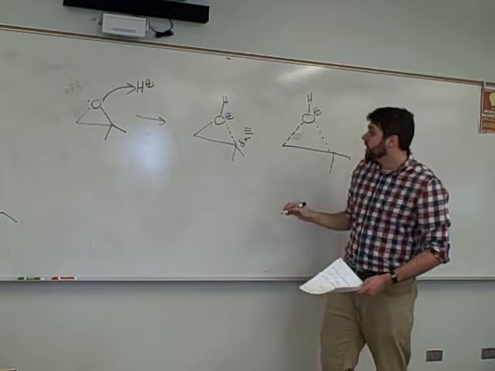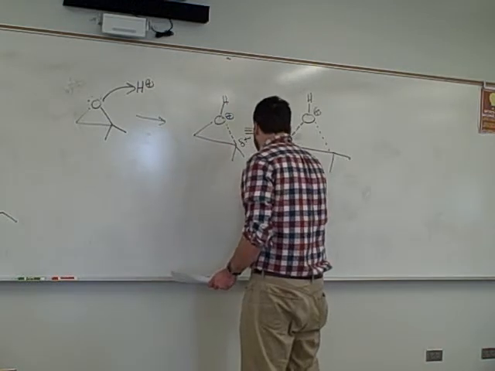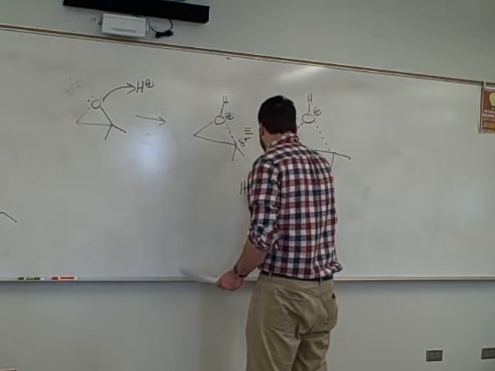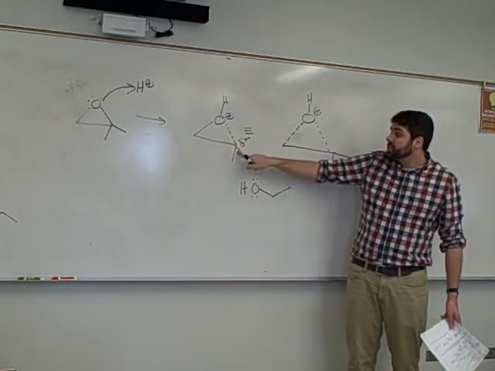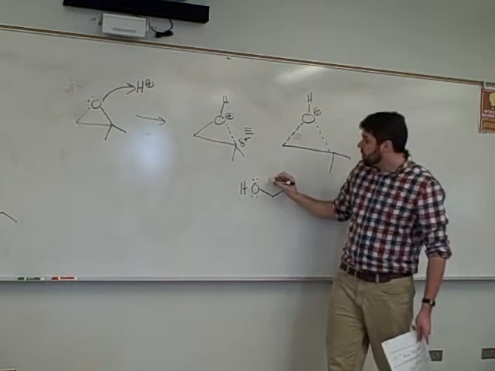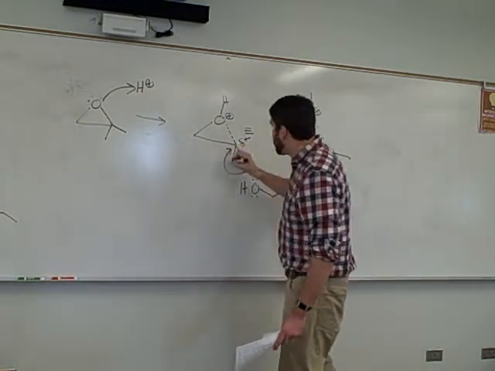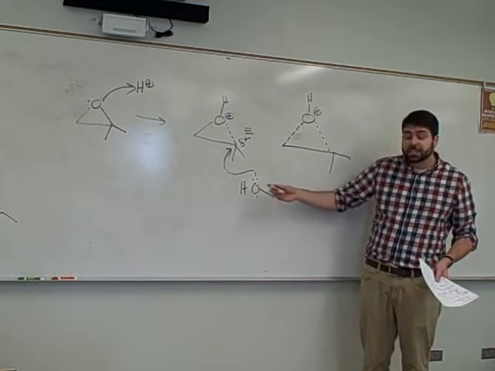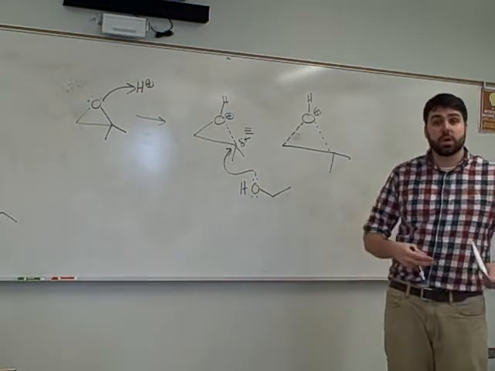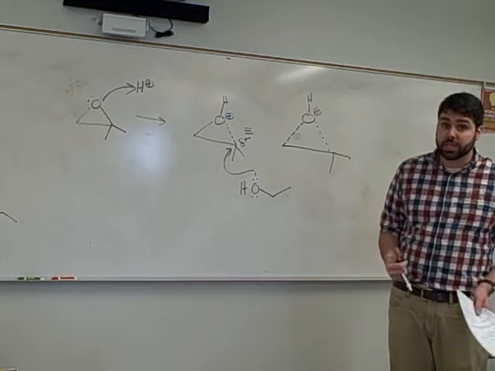And so when your nucleophile then comes in, we'll say that this is still ethanol. Even though this side is more sterically encumbered, it's preferentially going to be drawn to this side by electrostatics. It is a partial positive charge, and so as a nucleophile, oxygen is going to look for a partial positive charge to share its electrons with.